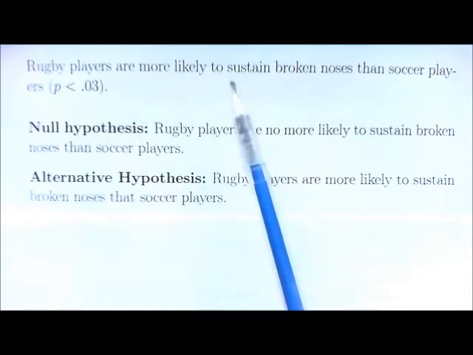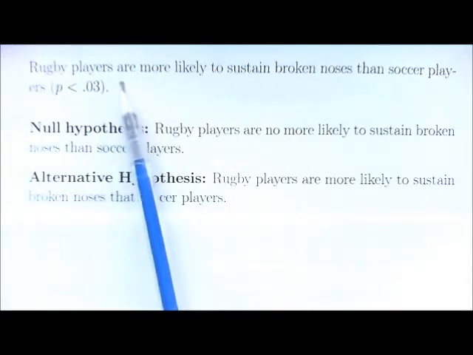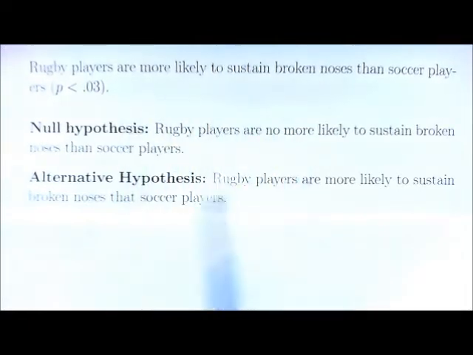I should say any conclusion reached by statistical inference, where we've sampled and then tried to extrapolate those results to a general population. So the fact that the researcher concluded that rugby players are more likely to sustain broken noses than soccer players indicates that it's quite likely true, but there's the possibility in fact that it's not true.